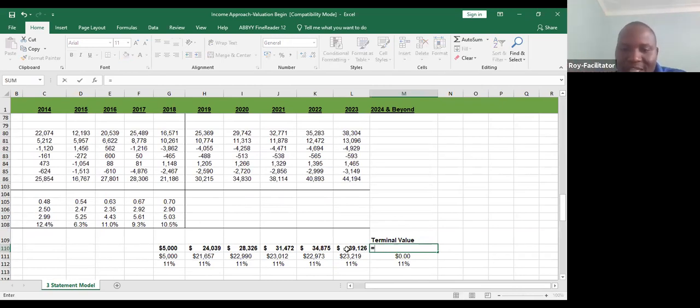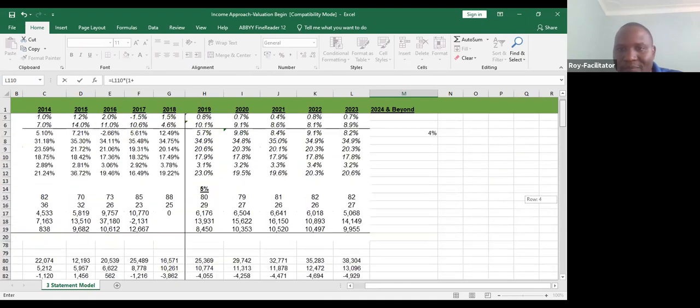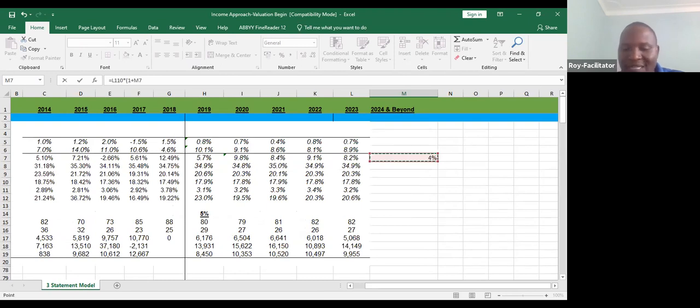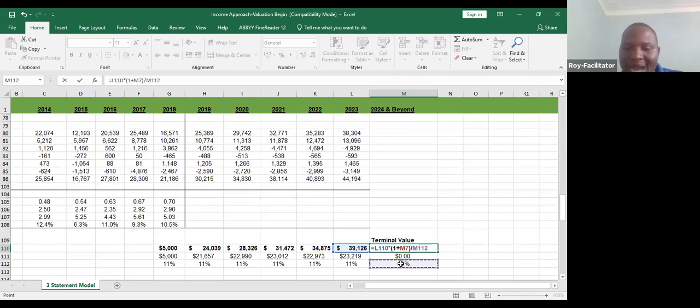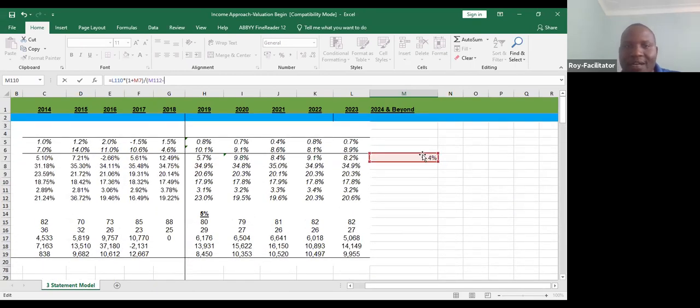So this will be equal to the previous year multiplied by 1 plus this percentage, divided by the discount rate, which is 11%, minus, sorry, I have to put this in brackets, the discount rate minus that growth value at that time. Okay, so that is 7.